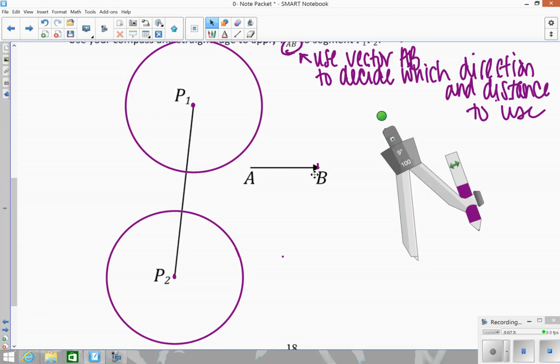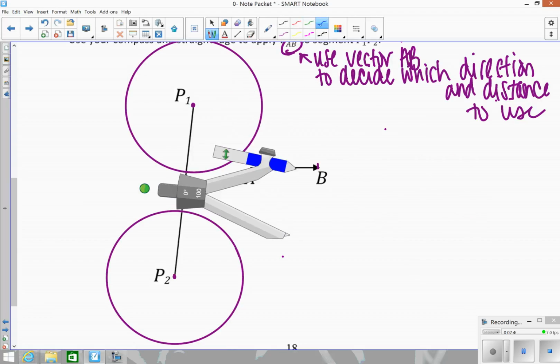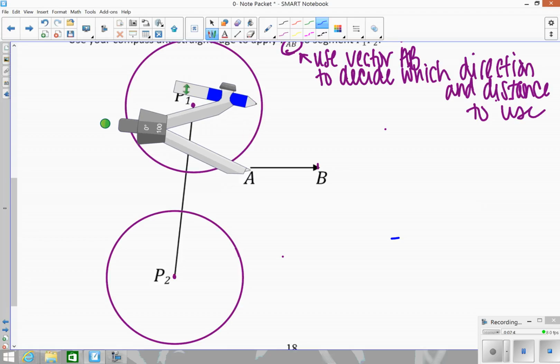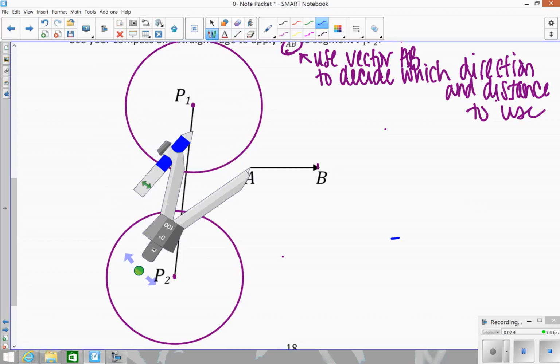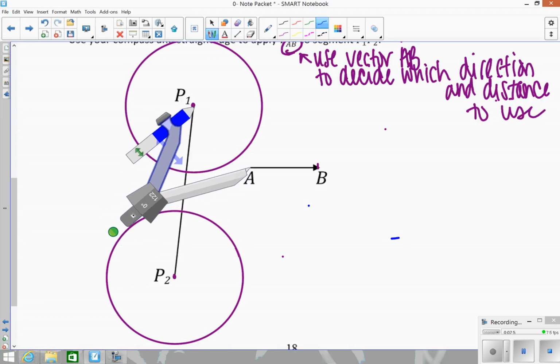Then I need to move the same direction as AB. It's going to the right, but I need to make sure that I'm parallel to it. So I'm going to take my compass and measure from point A to P1. I'm measuring this distance here, and I'm going to mark an arc so you know I measured.